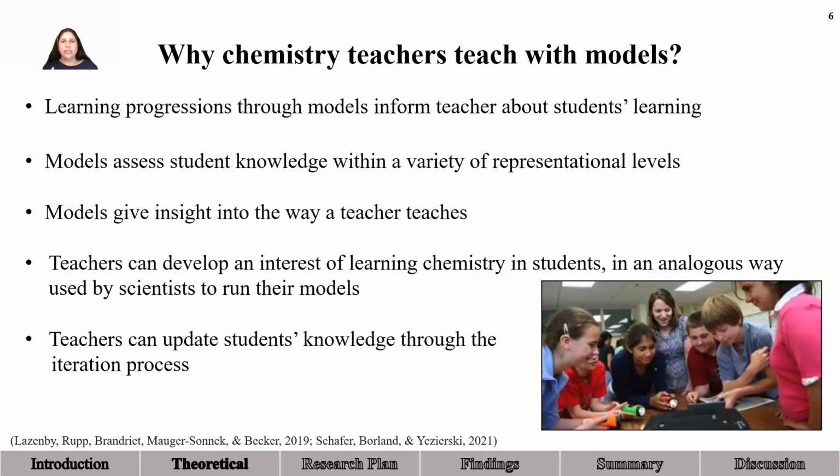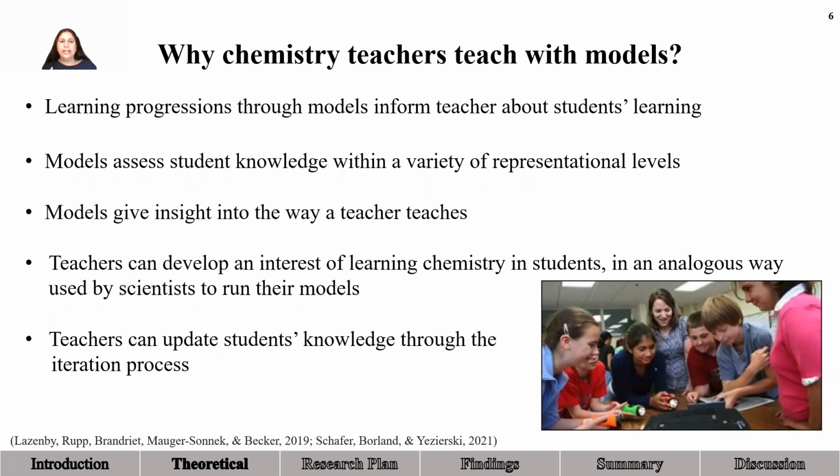Why do chemistry teachers teach with models? Chemistry teachers teach with models because learning progressions through models inform teachers about students' learning. Models assess student knowledge within a variety of representational levels of chemistry understanding, for example, macroscopic, microscopic, process, and symbolic.